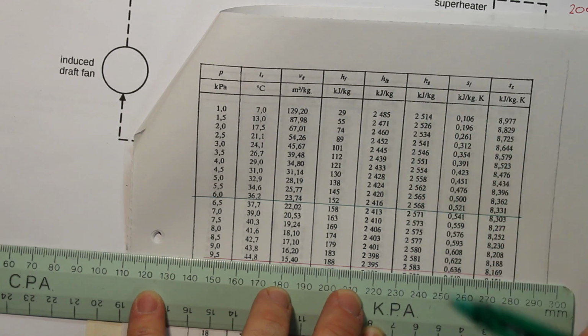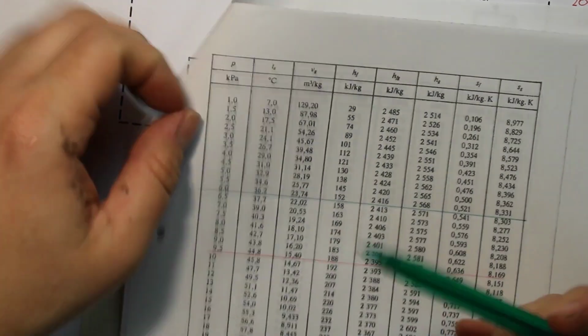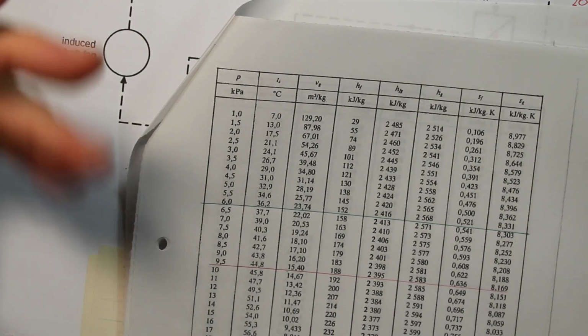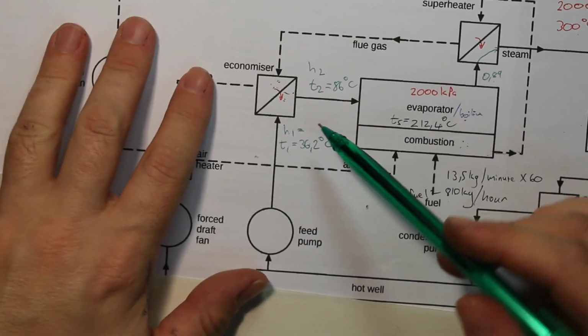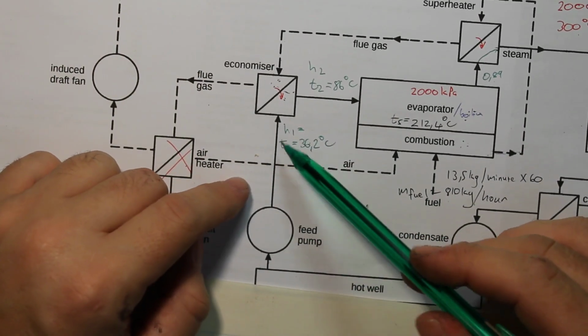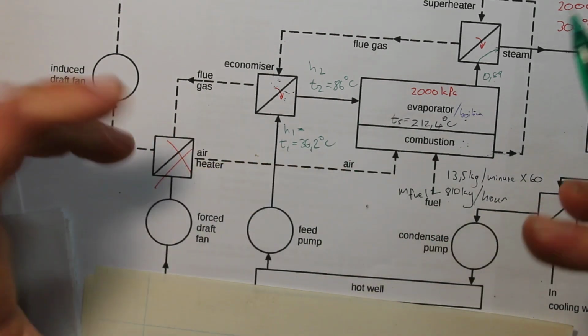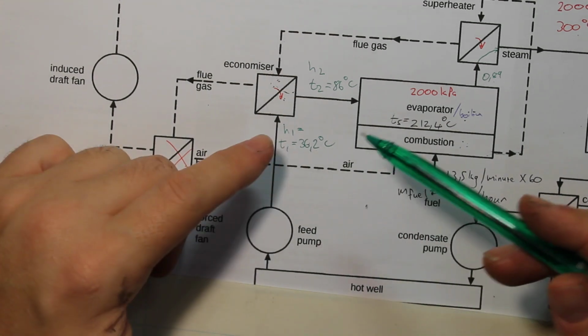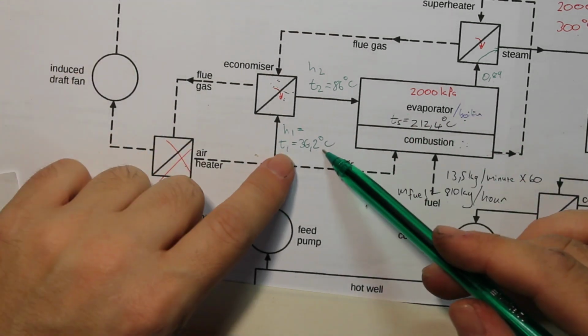Now you must ask yourself, what is the phase of the steam, or the water, at that part of the plant? After the feed pump, is it pure water, water and steam, or pure steam?